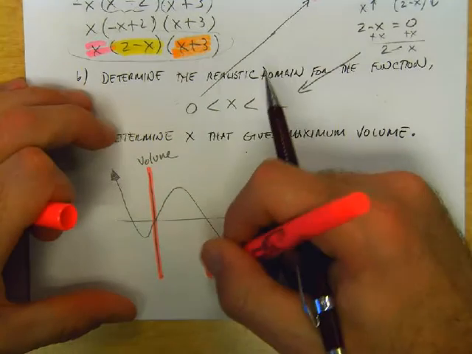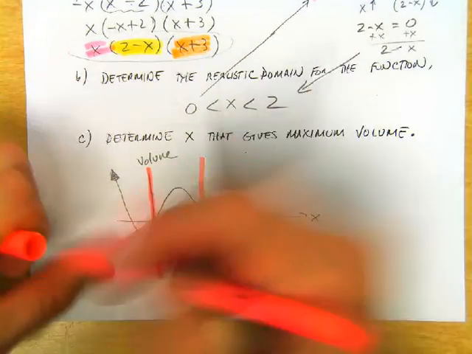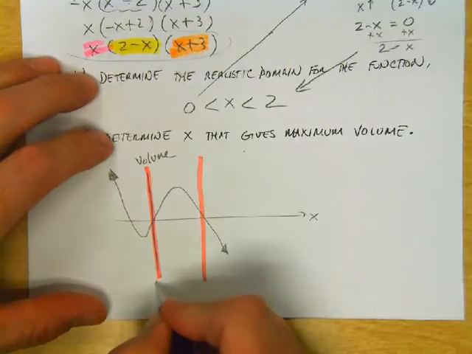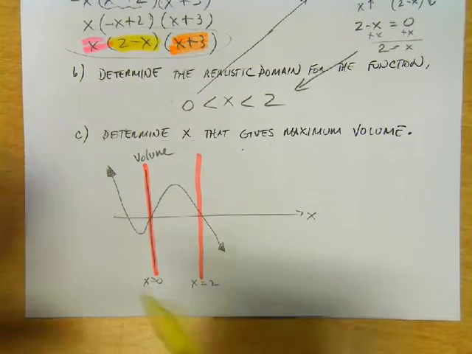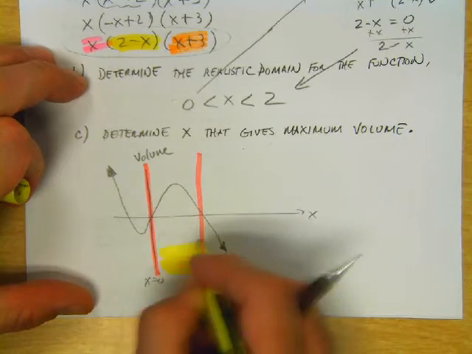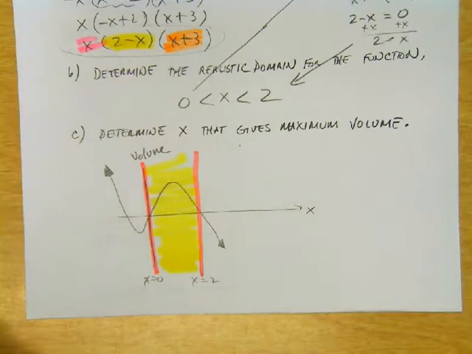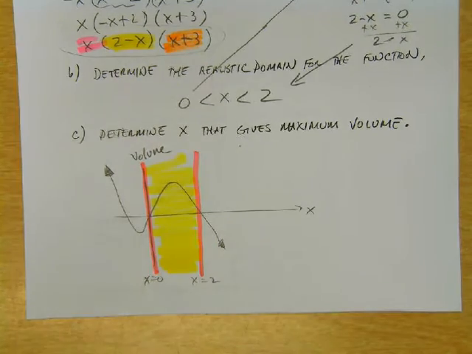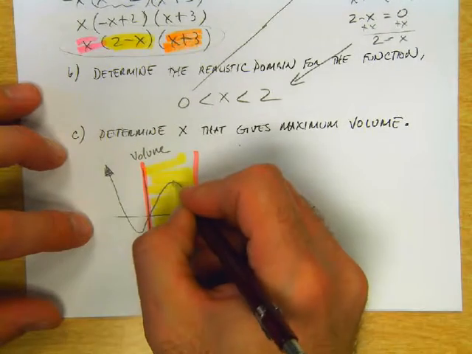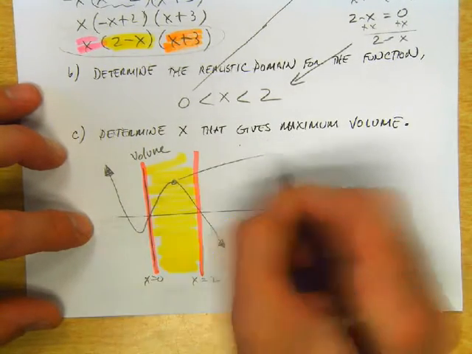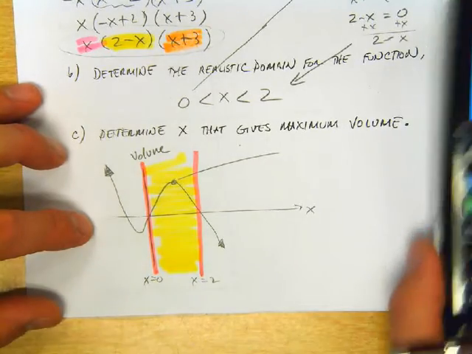So if that's x equals 0 and x equals 2, we need to find the answer in that domain. And the largest value is going to occur at the turning point, that relative max.